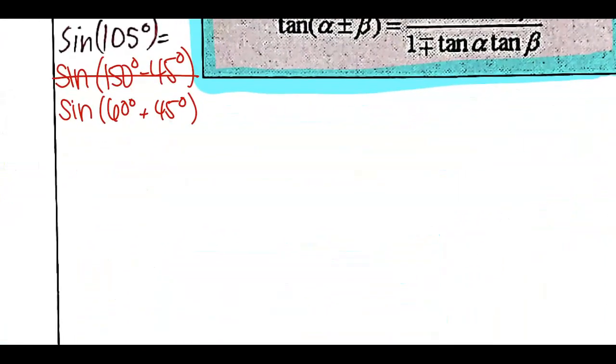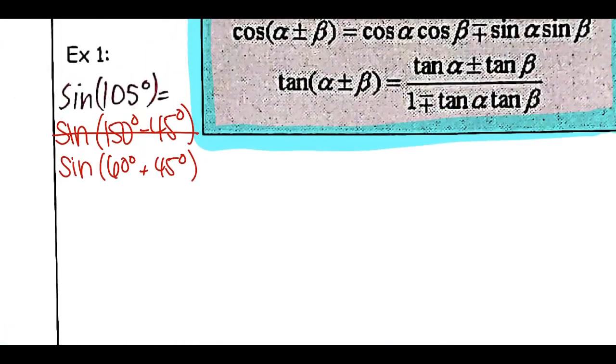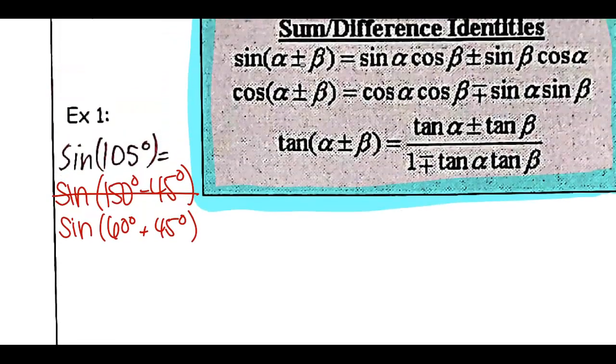For sine of 60 plus 45, I need to figure out, based on this equation, what signs I'm going to use. Let me first label this. Your alpha and beta are already here. This is your alpha, this is your beta. When you plug in these values, make sure that you plug them in as they're supposed to be. Since we're adding, I'm going to use my top sign.